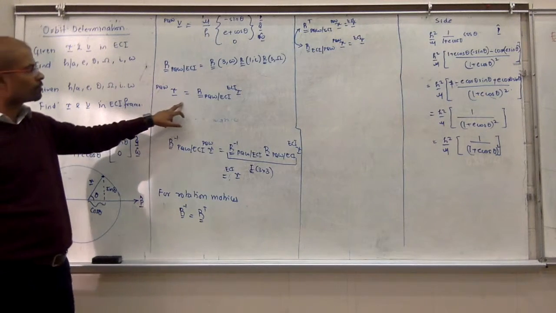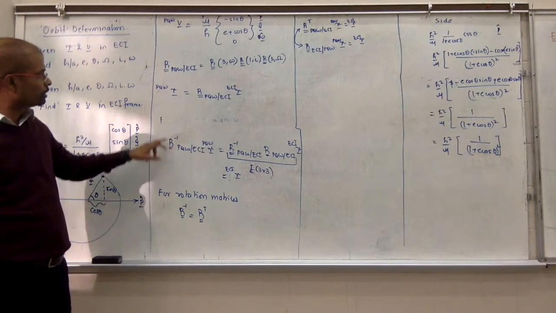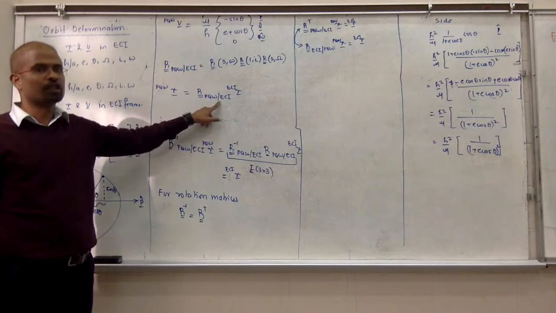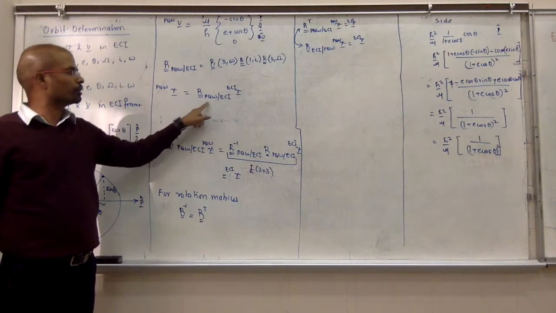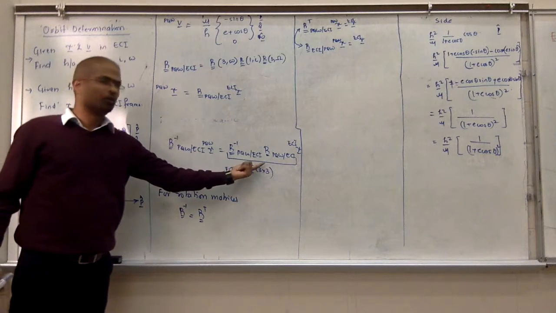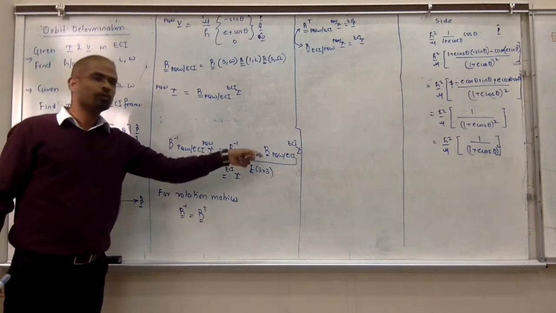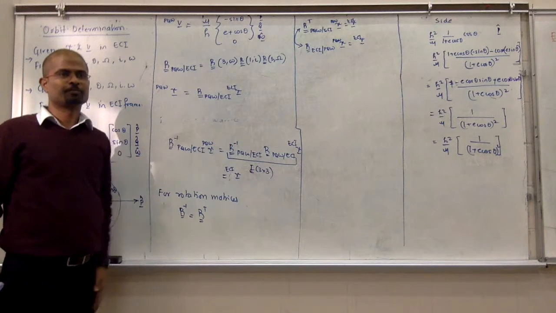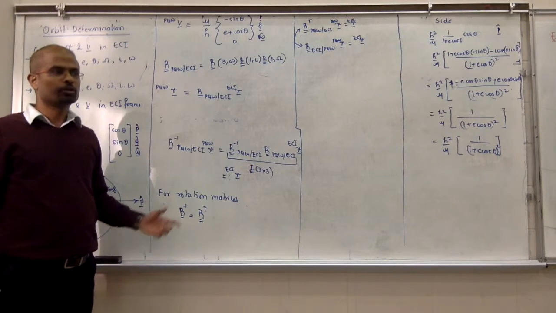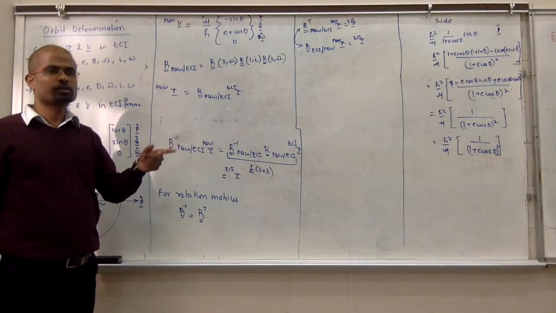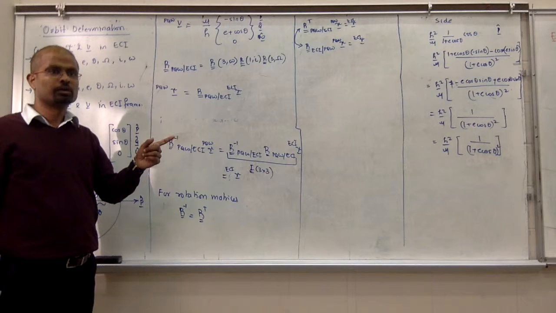So what we do is pre-multiply this equation on both sides by the inverse of this. This becomes the inverse times its matrix, which is identity.